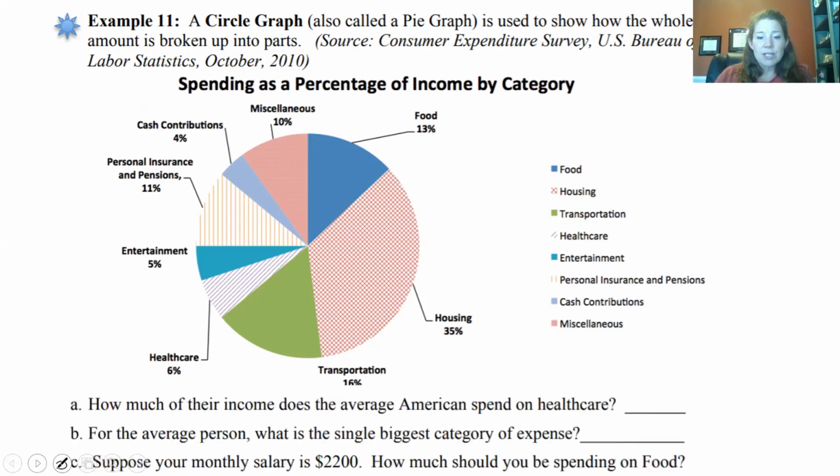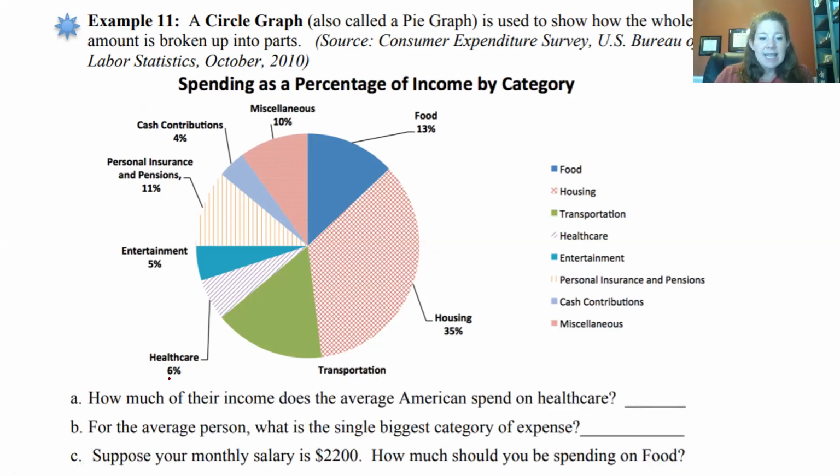All right, so let's look at some questions over this pie graph. It says, how much of their income does the average American spend on health care? Well, you can see that 6%. So how much of their income? So basically, you have to know what the total amount of money represented on this pie chart is. Well, if you look at the directions, the description, nowhere on this pie chart does it tell us how much is our total.